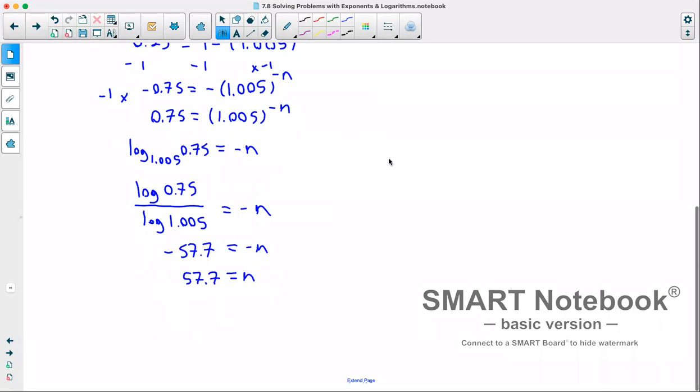So what we can do is take our 57.7 and multiply it by our $300. And we find out that on the loan of $15,000, we ended up paying back $17,310.